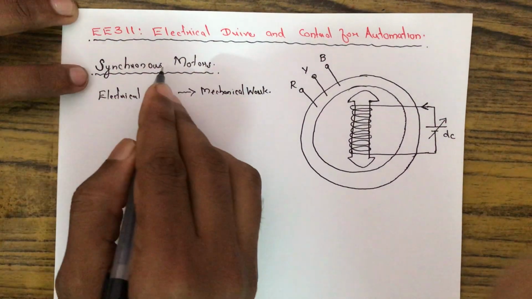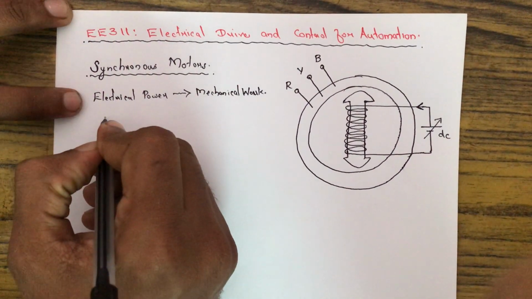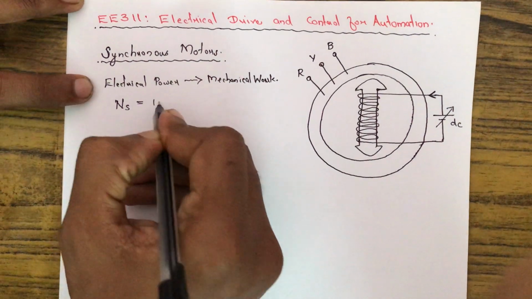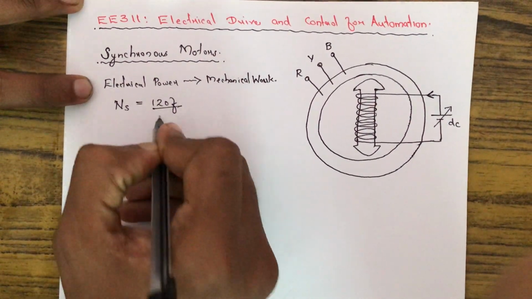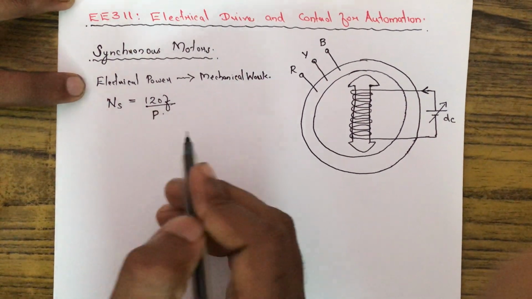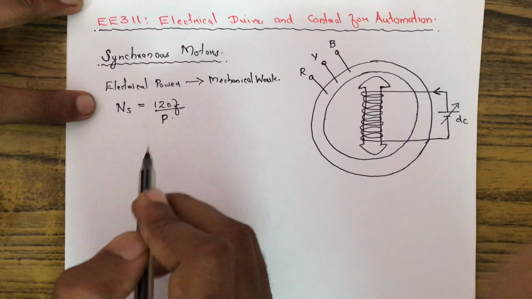So what do you mean by synchronous motor? A synchronous motor is a motor which always runs at synchronous speed given by Ns equal to 120 f by P, where capital P is the number of poles in the machine and small f is the frequency of the input voltage.